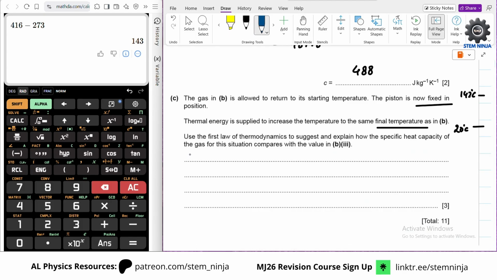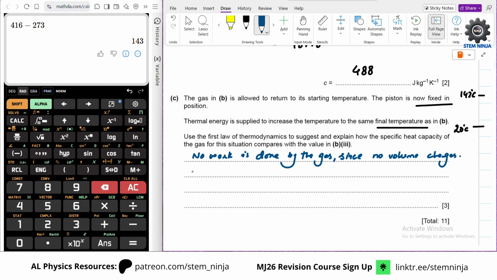So no work is done by the gas since no volume changes during this operation.